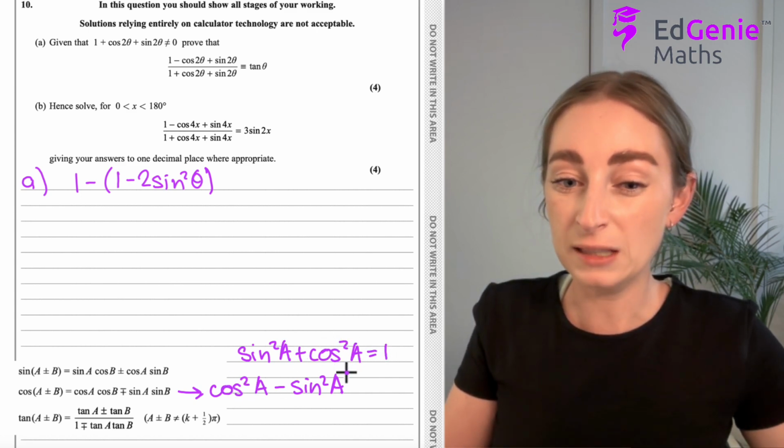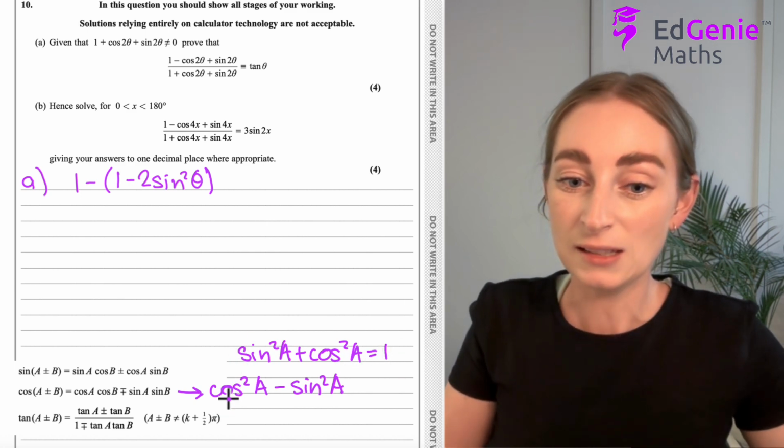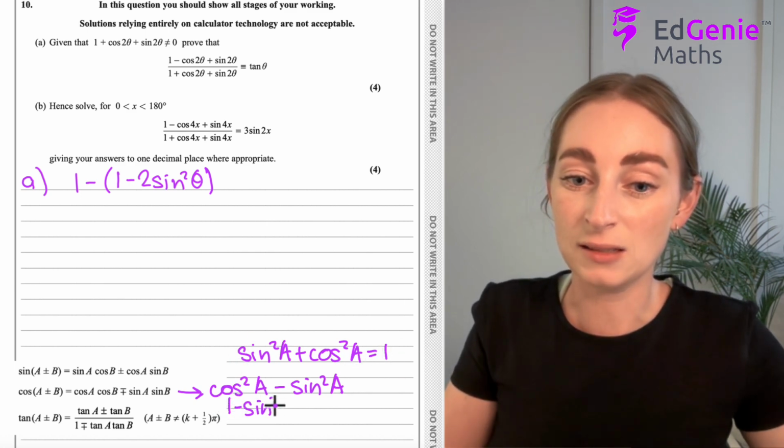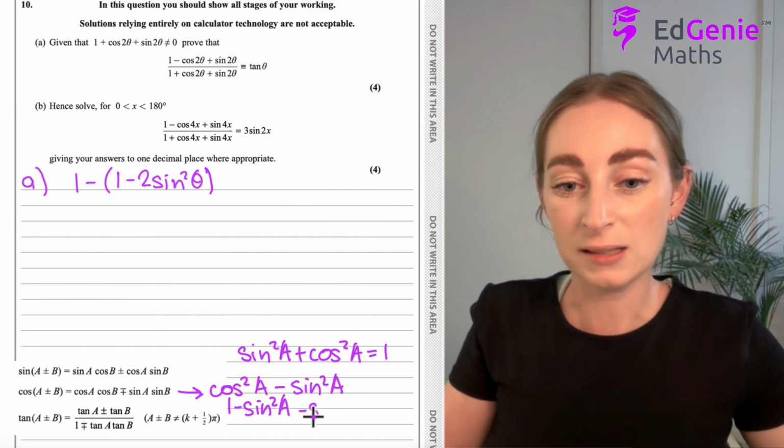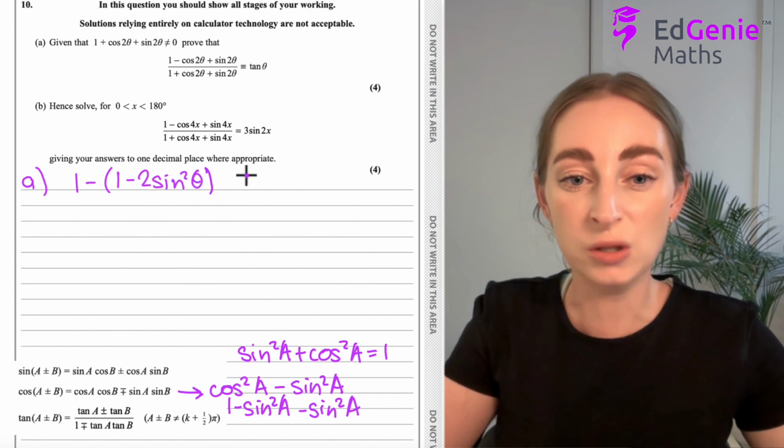So you can rearrange this to get cos squared equals 1 minus sine squared. Then you'd have 1 minus sine squared A minus another sine squared A. And that's why we've got 1 minus 2 sine squared A.